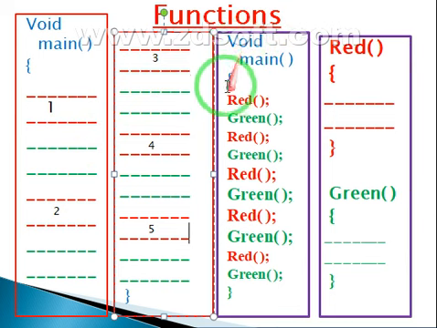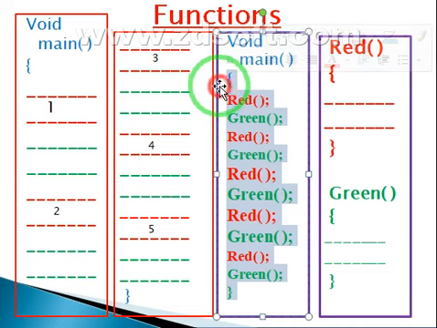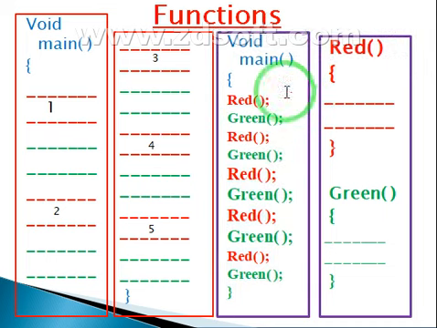Okay, void main, open and close. This entire thing is called the block of code or body of the main function. Here I am not repeating the same programming lines. Instead of repeating them, I simply repeat the name.